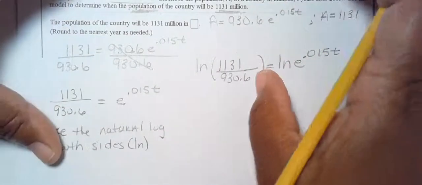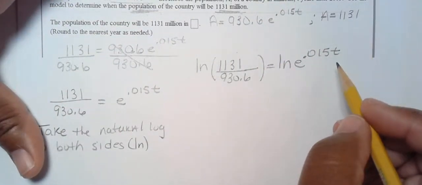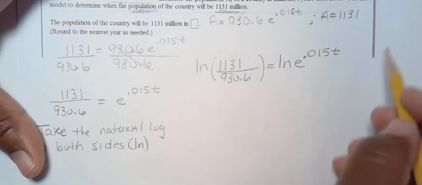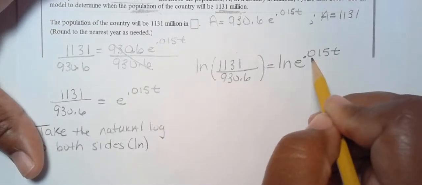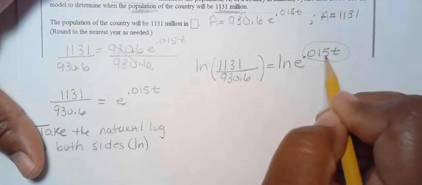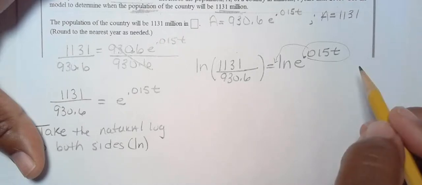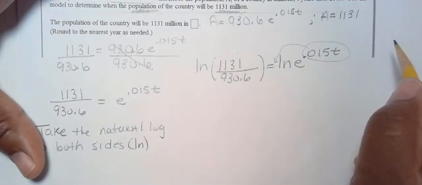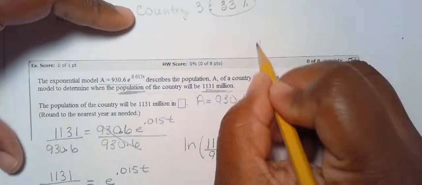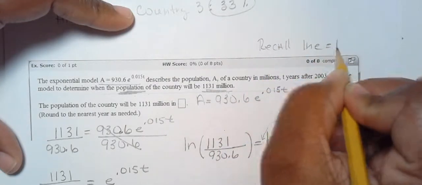Now remember, using our power rule, we can bring down the 0.015t right in front of the ln of e, and recall that the ln of e is equal to 1.